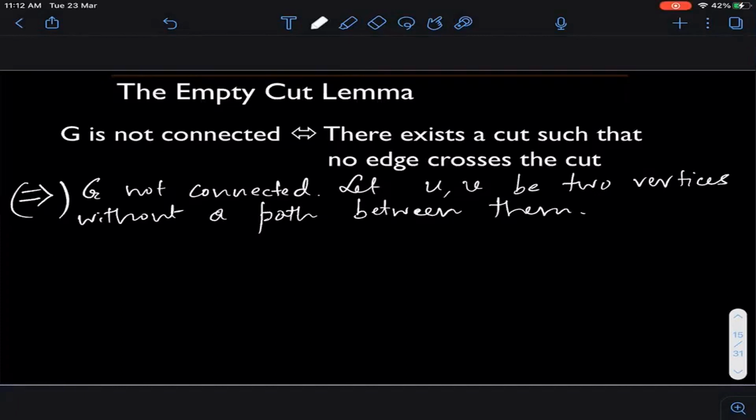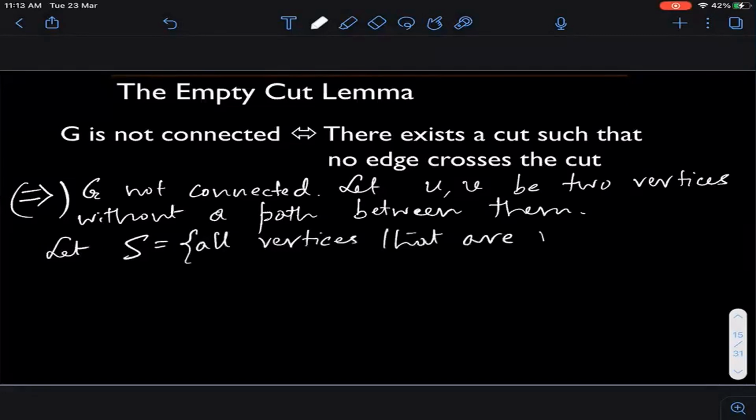Okay, so let S equal to all vertices that are reachable from U. Okay, so let S be the set of all the vertices that are reachable from U.